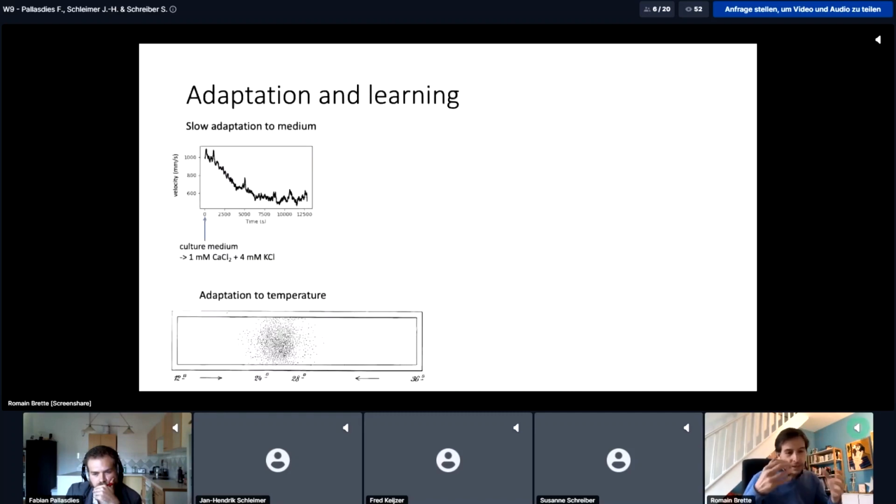So in addition to that, it also shows adaptation. So I briefly talked about adaptation on a fast time scale to the chemical environment. It also adapts on a long time scale of a couple of hours. And that's important because a neuron has as extracellular medium something that is controlled normally.